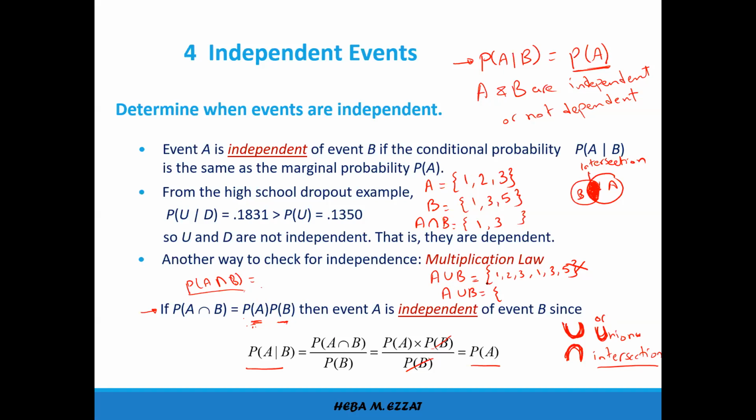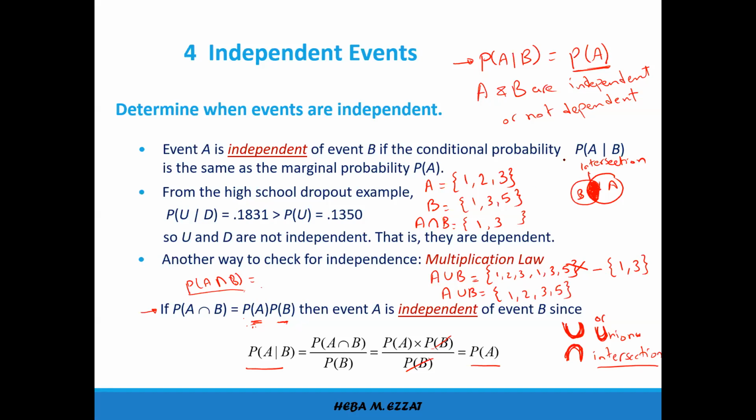Negative 1 and 3. So we have here 1 2 3 5.